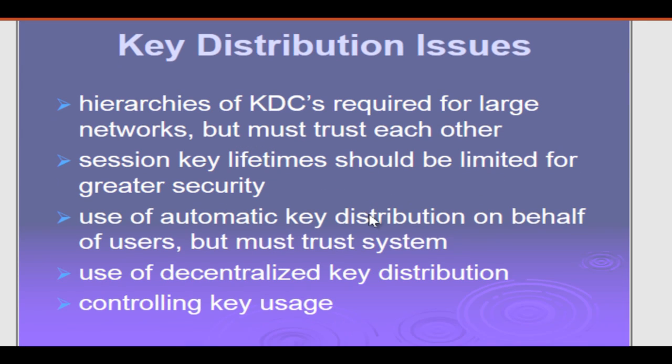Now let us see the next concept, key distribution issues. There are many issues with key distribution. One is the hierarchy of KDCs. If there are a small number of participants, the KDC can maintain them easily and distribute the session keys to them.